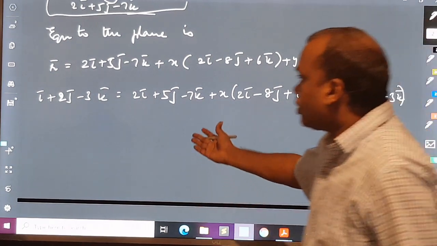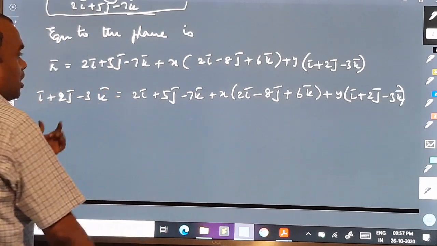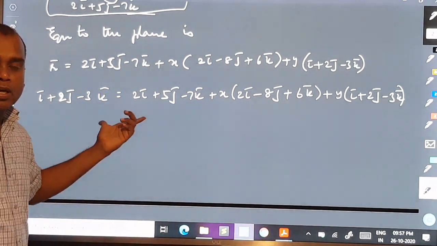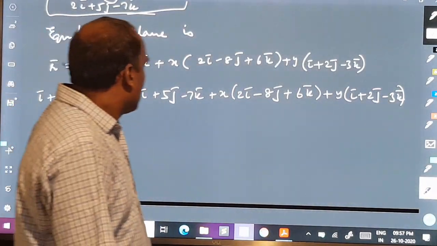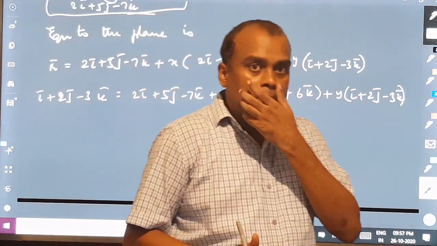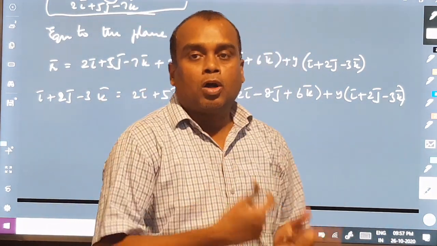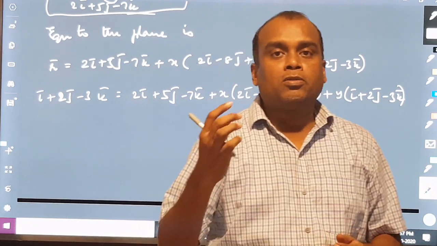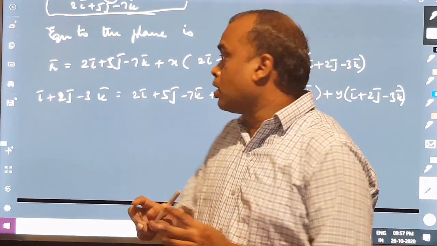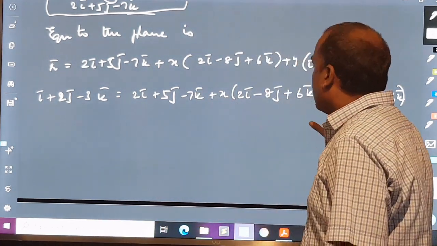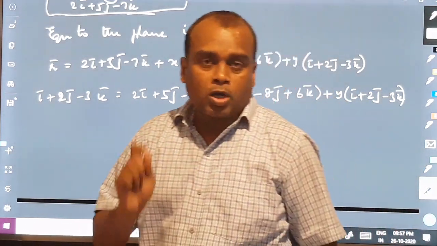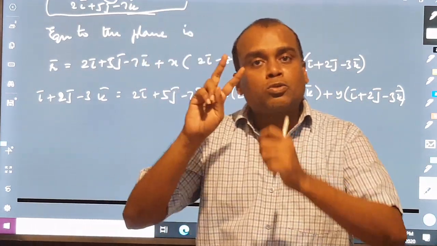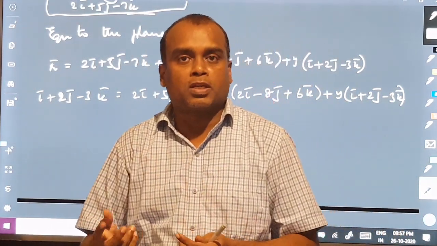Now i bar, j bar, k bar are the basis vectors. We know that they are non-coplanar. So equating corresponding components, I will have three equations in two unknowns x and y. So what we do is, we take two of the equations, solve for x and y.